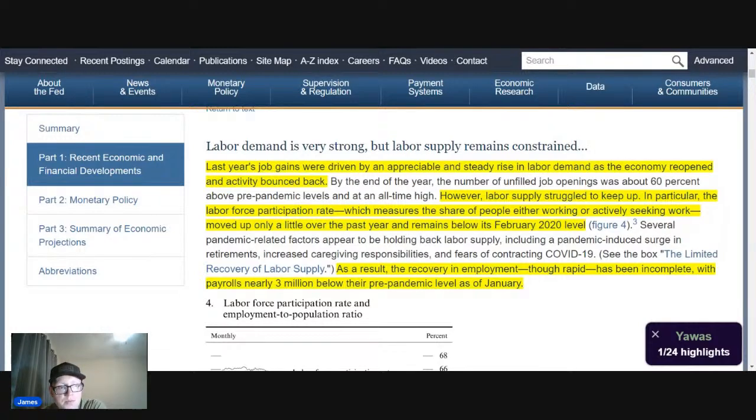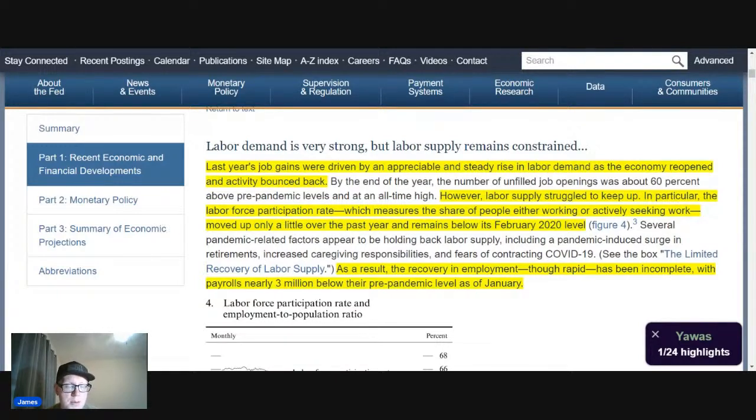And this is pretty much reflected in the labor force participation rate, which basically measures the share of people either working or actively seeking work, right? So people who are actually looking for work. So if you're 30 or whatever and you haven't been looking for a job in, I forget the time, there's a time period for this, like a month or something like that.